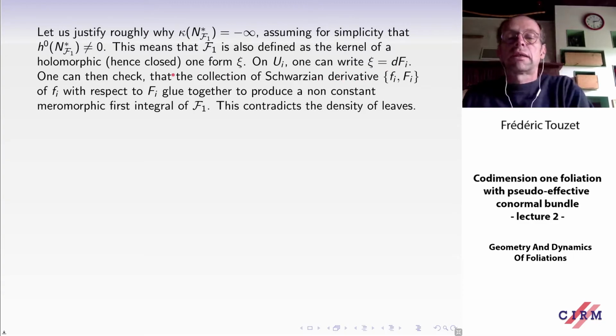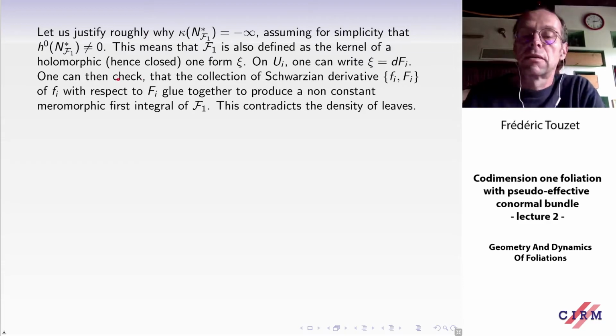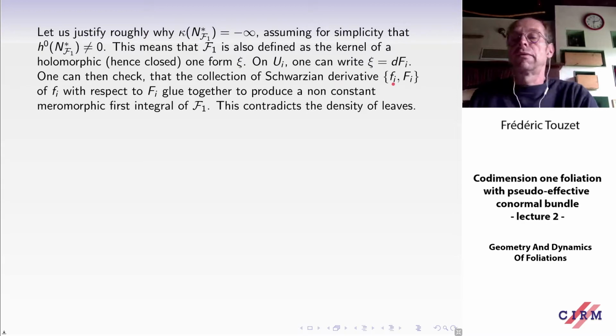So we can keep in mind that the small f_i and the capital F_i are local first integrals of F, so they are functions defined on the local space of leaves, functions of one variable. So it makes sense to express the local first integral small f_i with respect to capital F_i and to take the Schwarzian derivative.